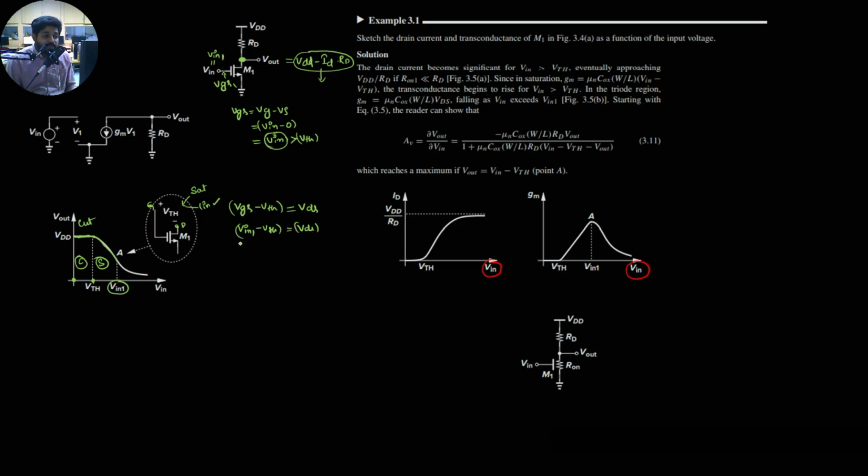So now I can say V input equals VDS plus VTH. When you increase that voltage, the output falls, and when the output or VDS falls to that particular level, I consider that V input 1. That is considered as point A. At that point, the transistor is going into the linear region.